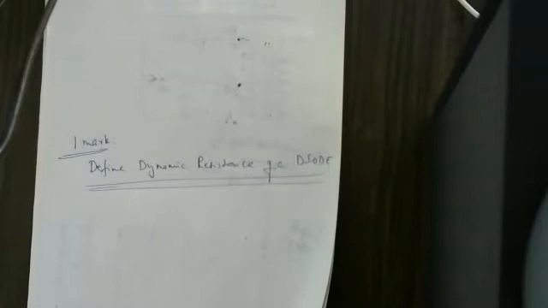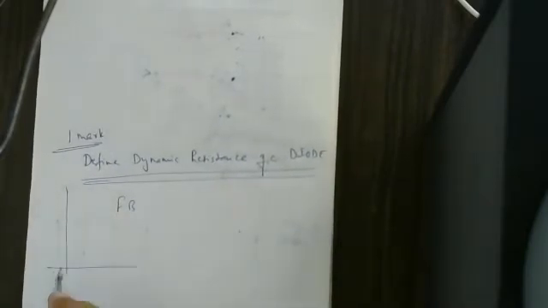Already we are aware of the PN junction, how it works and other things. The practical concept I also taught already. If there is a change in the voltage, there is a change in the current. As you plot a graph of forward bias, this is the forward bias characteristics.